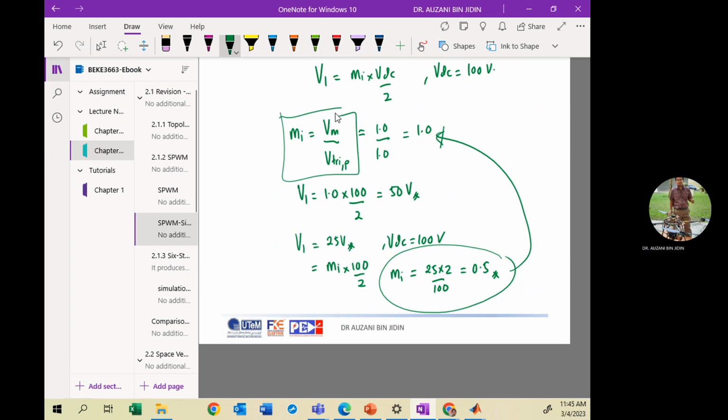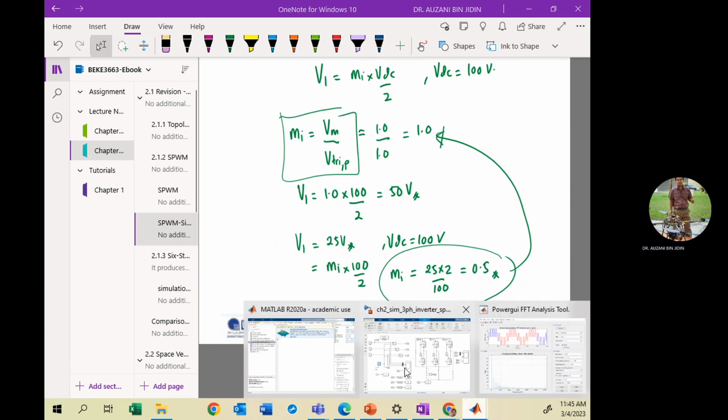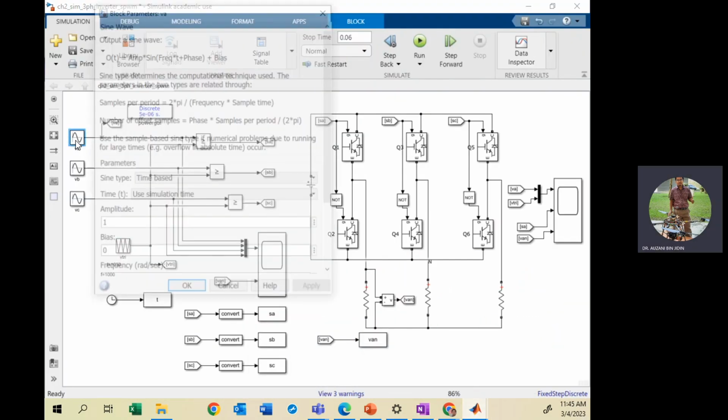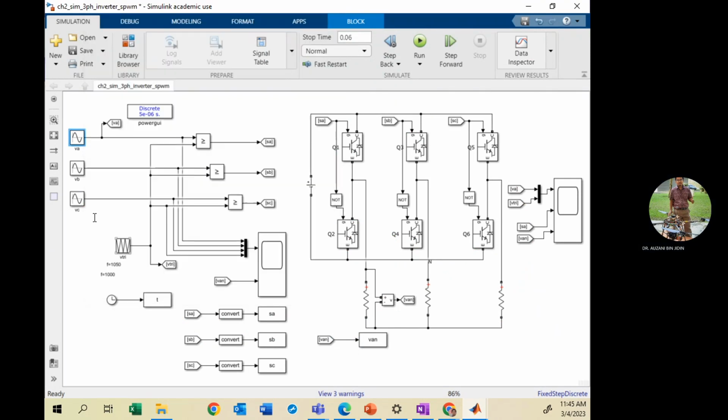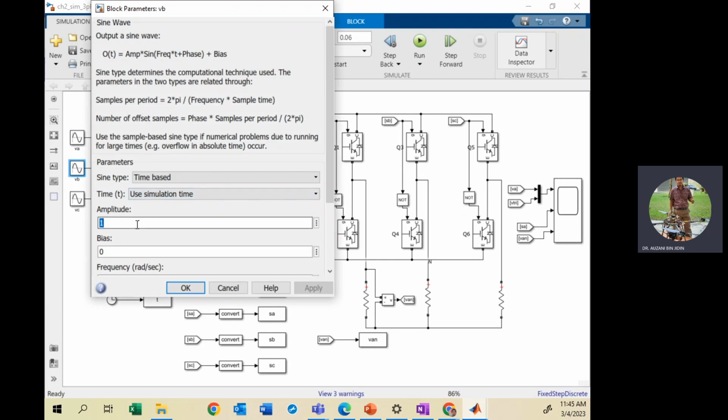So the term that you can change is VM. In this case, VM you must set to 0.5. Here you change the value from 1 to 0.5. Here also 0.5.